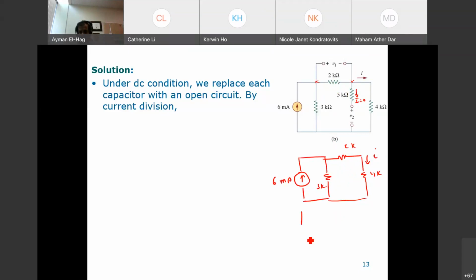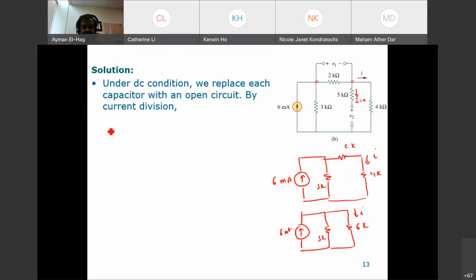I can even simplify it further. This is basically the 6 milliamp current source, this is the 3 kilo, and this is a 6 kilo. So basically two resistors in parallel, and I want to find this I. We apply current division.